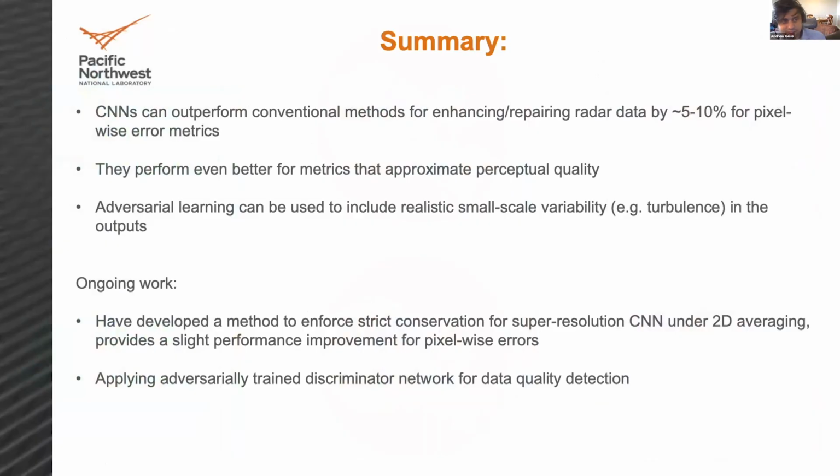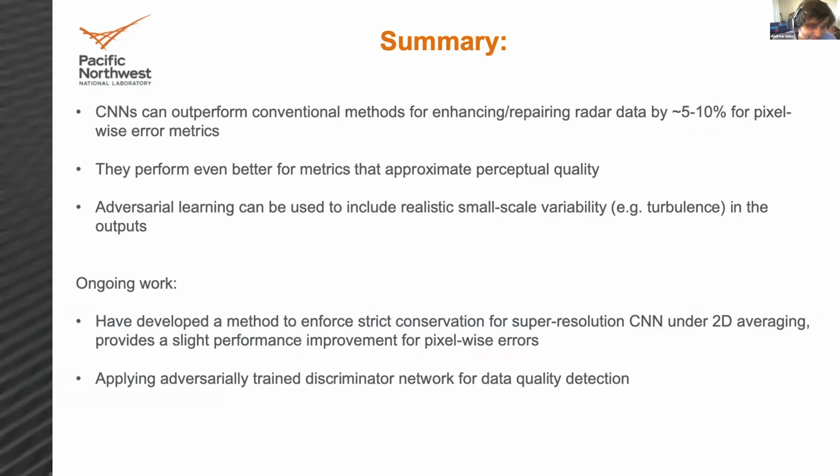So that's it. Just a quick summary: neural networks do a pretty good job of enhancing and repairing radar data, and they typically can give a 5 to 10% improvement in terms of pixel-wise error metrics, and they do substantially better when you look at various metrics that evaluate perceptual quality of the output. And then lastly, we can use adversarial learning to try to reproduce or create realistic small-scale variability in these outputs.